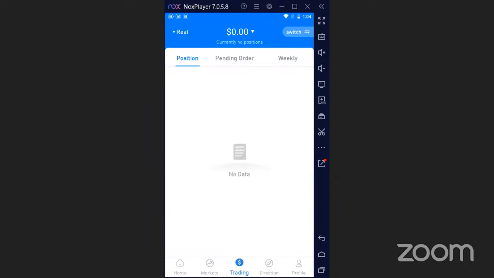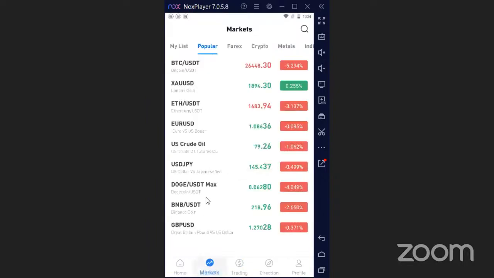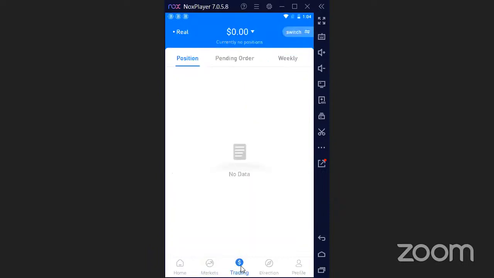So the market is not taking us in. Oh, sorry. I don't know why my screen is not refreshing, but my trade is already placed.